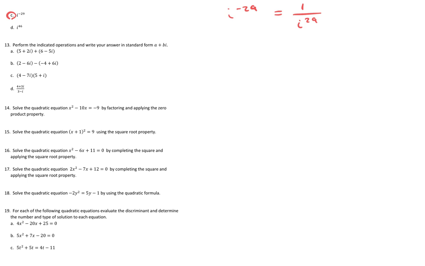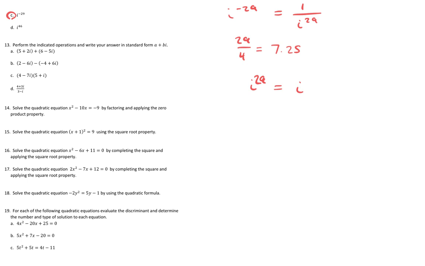So i to the 29, if we take 29 and divide it by 4, we get 7.25. And importantly, we get this remainder of 0.25, which means that i to the 29 is just going to be equal to i.